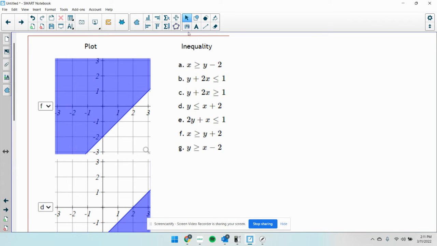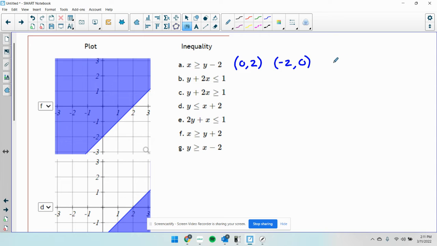So, like this first one, I would graph this one using intercepts. When x is 0, I get y is 2. And when y is 0, I get x equals negative 2.